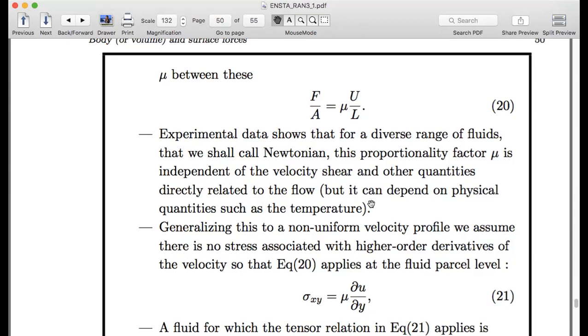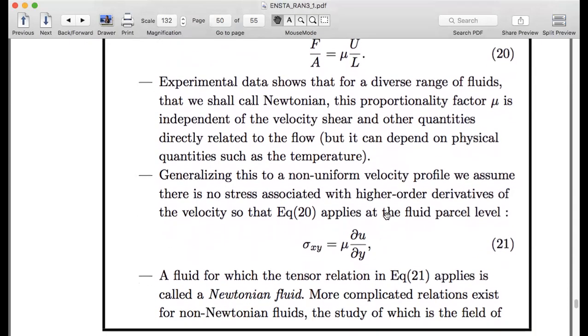It does depend upon temperature and pressure, most notably temperature, but for most practical applications there'll be some range of temperatures that apply. You can pick a typical temperature, and if the viscosity coefficient doesn't change too much, then you just use a central viscosity coefficient that applies for the bulk temperature of the fluid.